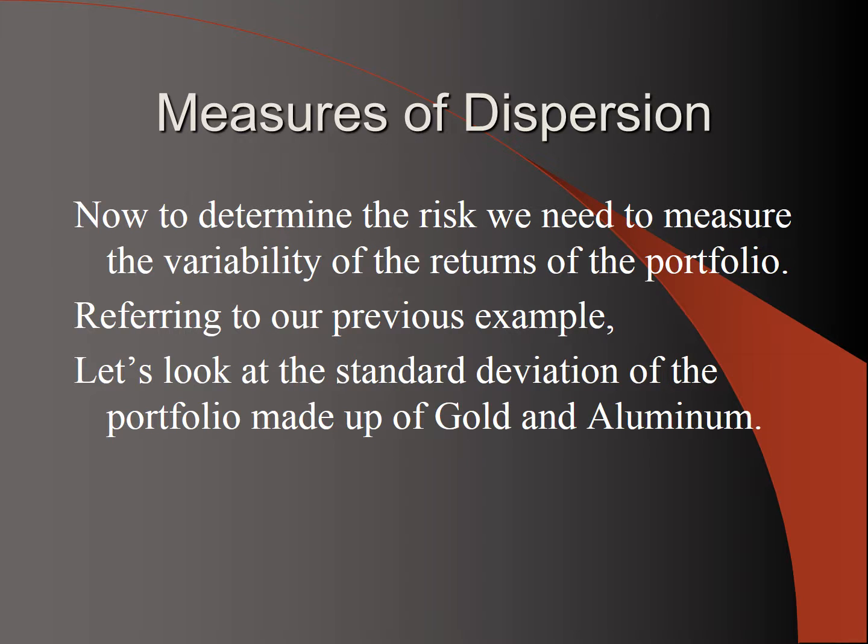Because what happens is, we just saw two very risky stocks, right? Gold had negative and positive returns, back and forth, back and forth. Aluminum was the same way, but notice the portfolio returns were positive every year. So there's a correlation between those assets that we have to consider.